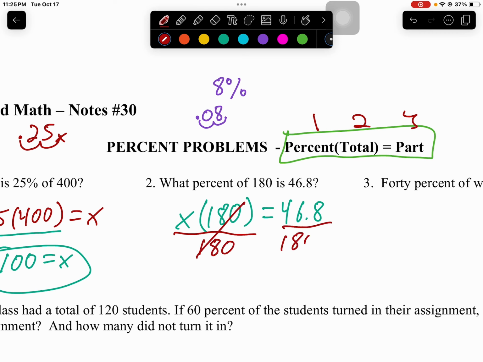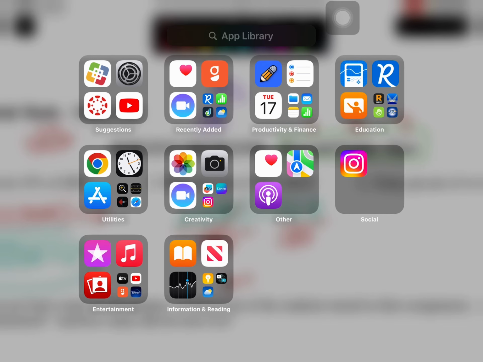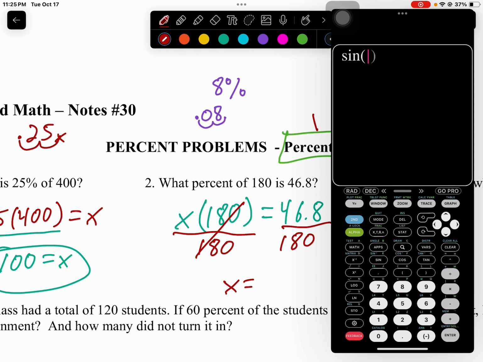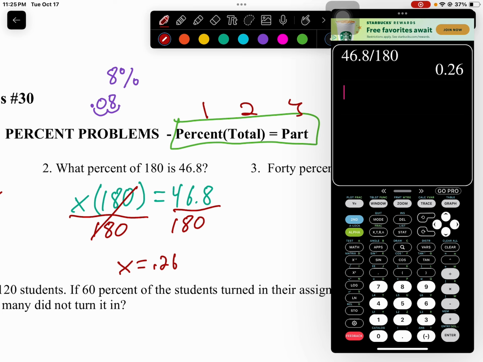Let's get the calculator. So 46.8 divided by 180 is 0.26. You take that and then you move the decimal place back to the right twice. So it's 26%.